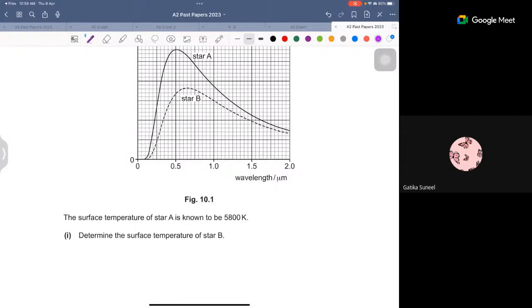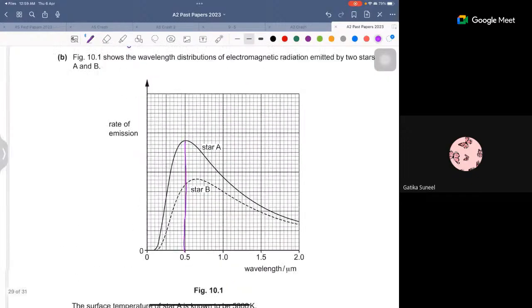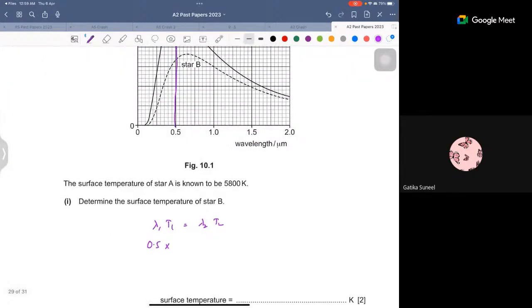Determine the surface temperature of B. So you do lambda 1 T1 equals lambda 2 T2. So we're going to find the peak. Here one is 0.5 times, you don't need the times because it will cancel out anyway. The temperature of star A is given, yes, 5800.